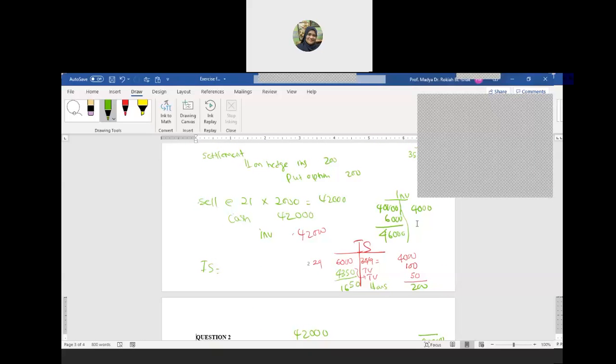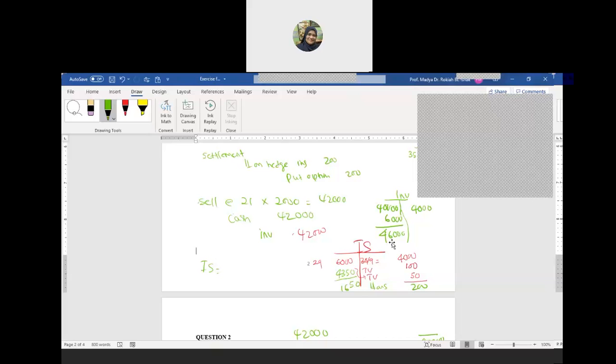So the effect to your income statement is an increase by 1650 from this journal entries. So the put options now you need to close, so the put option should have a zero balance. Okay, so you have a loss of 1650, the effect to your income statements.